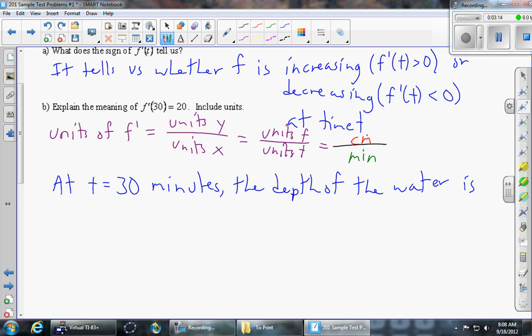And that's a positive 20, so in this case, f is an increasing function at this moment in time. So the depth of the water is increasing at 20 centimeters per minute.